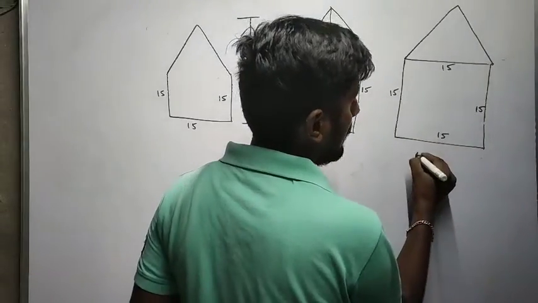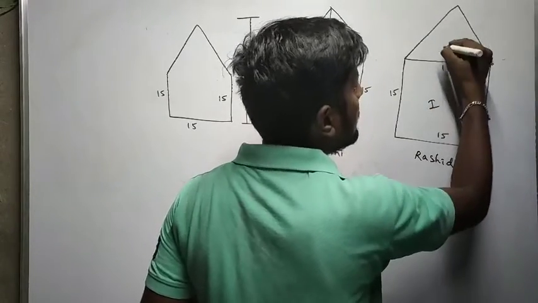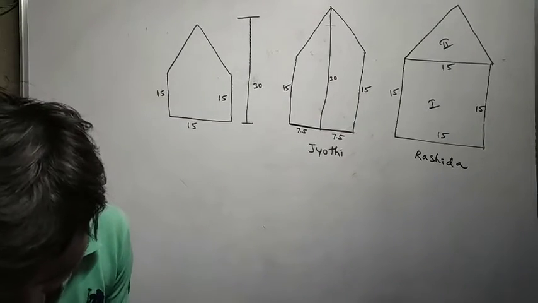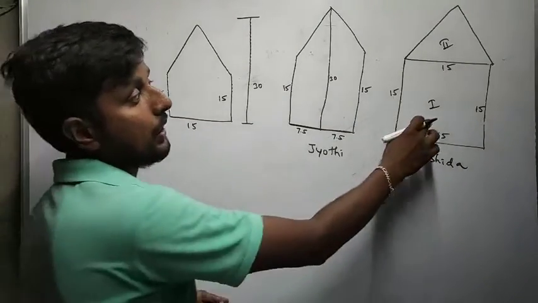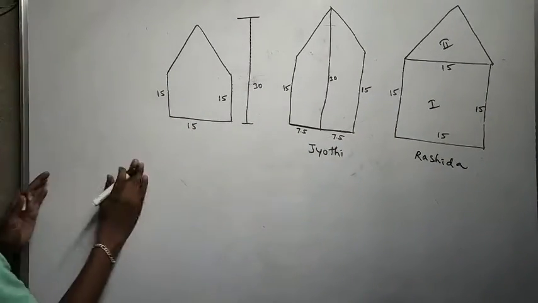She divided the total diagram into two parts. One is a triangle and one more is a square, because all sides are equal. Okay, we'll find now. Come to Jyoti's part.